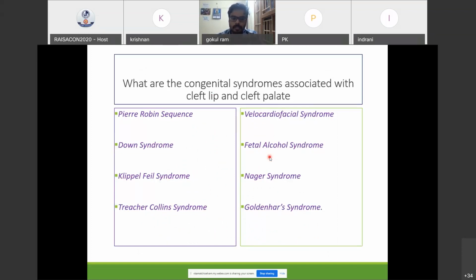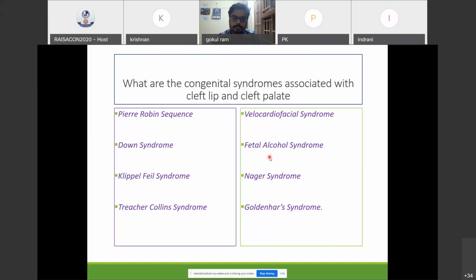Okay. Could you explain what is the difference between Pierre Robin and Treacher Collins, or otherwise what we call catch-up growth? In Pierre Robin sequence, the patient usually improves with aging, sir. Very good. In contrast, in Treacher Collins syndrome, the baby will deteriorate as aging happens, sir.